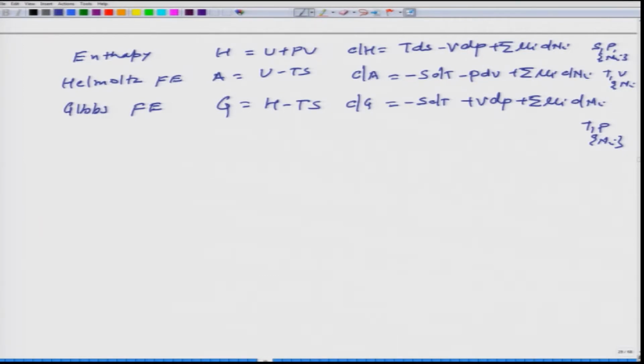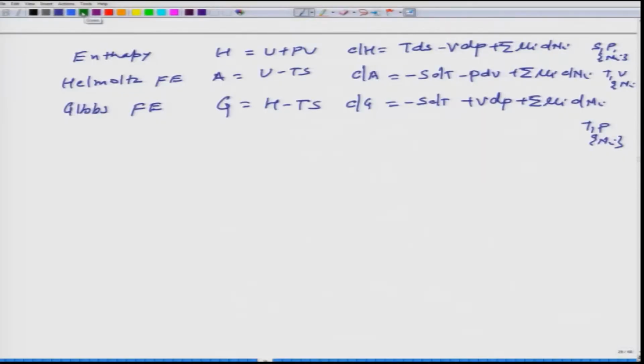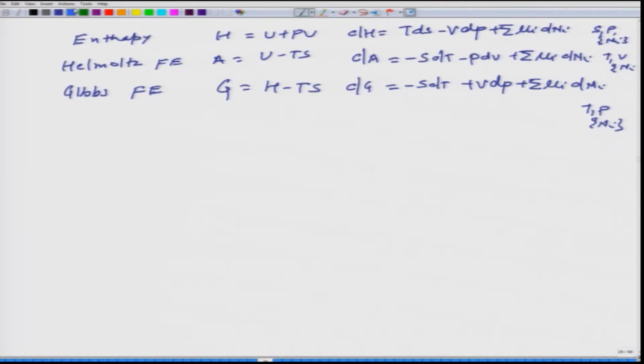Similarly, Gibbs free energy also plays an important role for a given temperature, pressure and amount of substance. When these are kept constant, G is going to be minimum. Let me go through this briefly, the importance of these thermodynamic functions and their role in analyzing equilibrium for a specific set of variables which are kept constant.